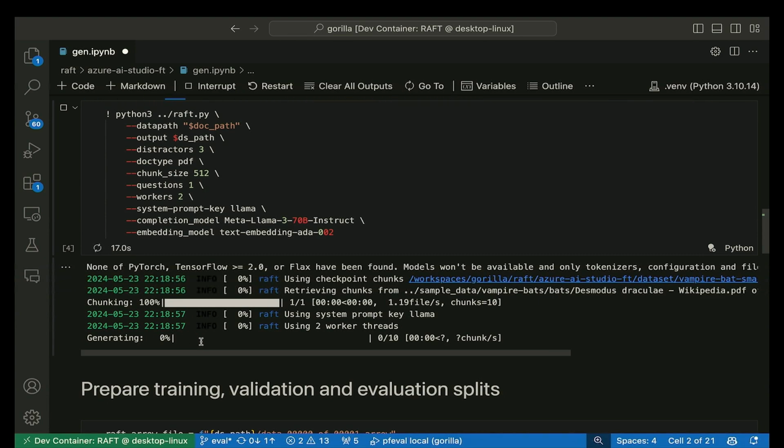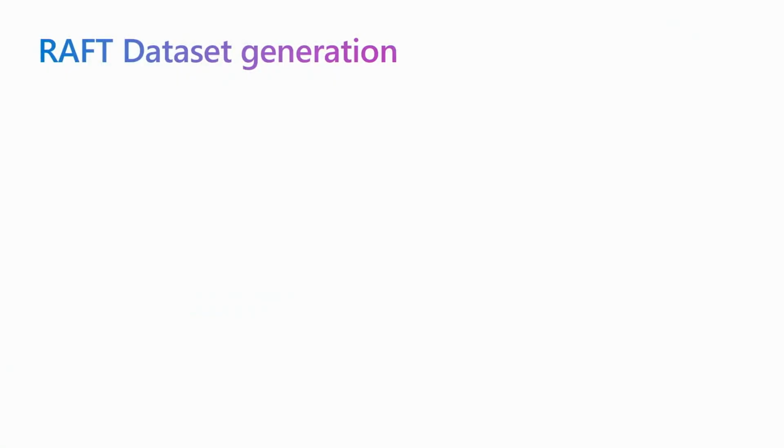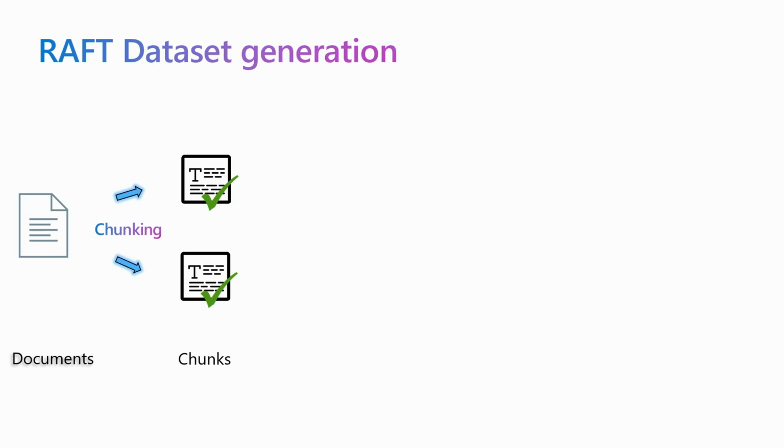While it runs, I'm going to switch back to the slides and explain how that script works. The first step is to start with the documents that are making up your domain. Here they were in PDF format. Split them in small chunks, usually a function of the context capacity of the LLM that you want to fine tune.